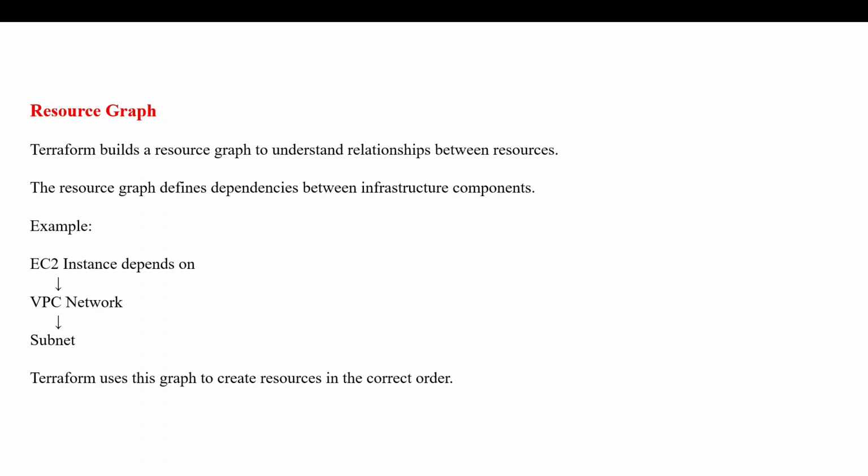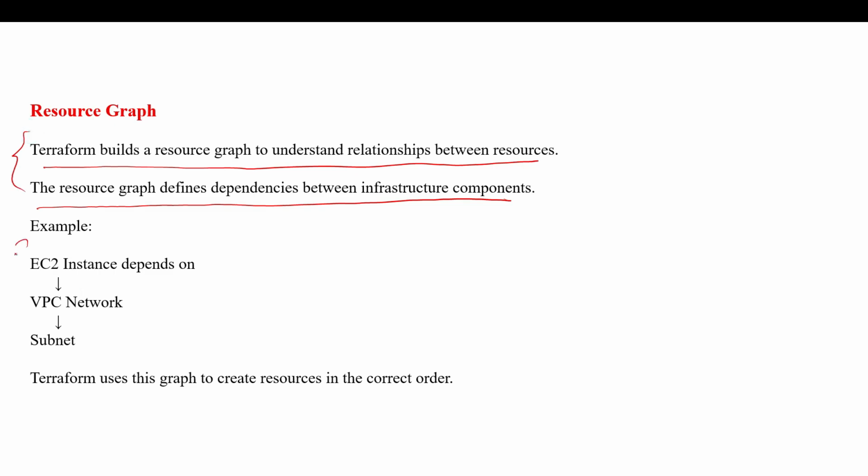Then resource graph. So what is a resource graph? Again, it is a very simple concept. Terraform builds a resource graph to understand the relationship between resources. The resource graph defines dependencies between infrastructure components. Let me first explain an example and then I will come to the definition. Suppose we are going to create some resources in the cloud with the help of Terraform. Here the EC2 instance depends on the VPC.